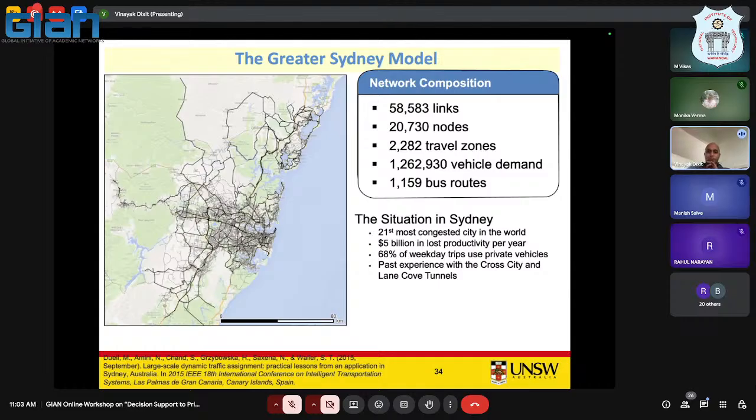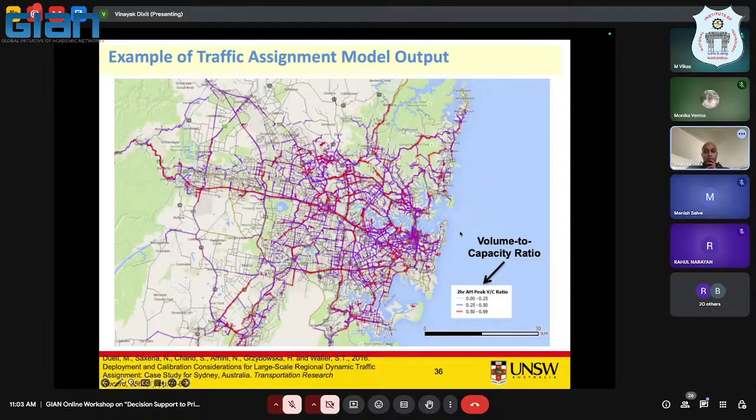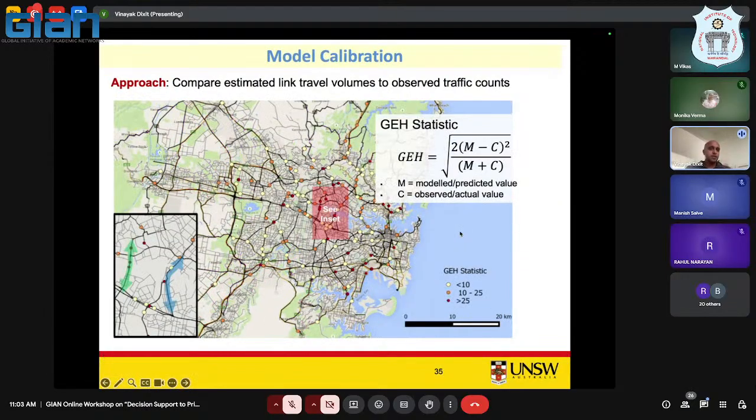So this is the network composition. There are 58,000 links, 20,000 nodes, 2.282 million vehicle demand, and 1,159 bus routes. I'm just giving you an example.